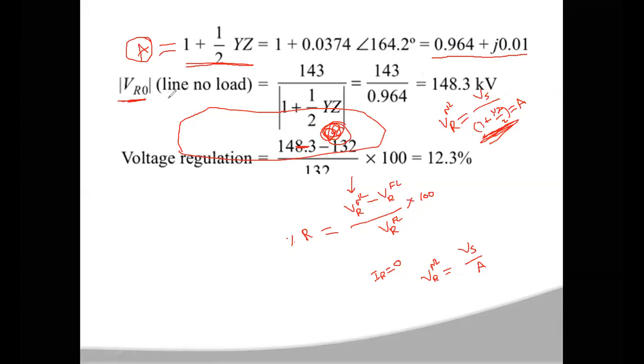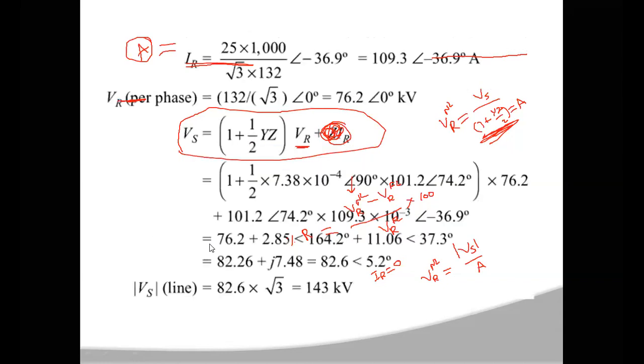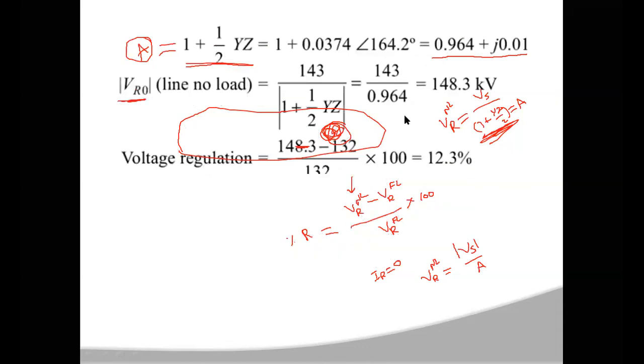So this will be equal to the magnitude of Vs by A. The magnitude of Vs line voltage is 143 kilovolts, which we already calculated here. Then for 1 plus Yz by 2, you take the magnitude. While finding the voltage regulation, you have to consider the magnitudes only, of the sending end voltage as well as the A value.